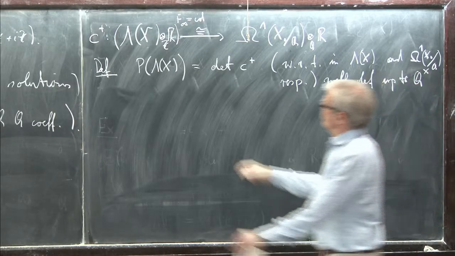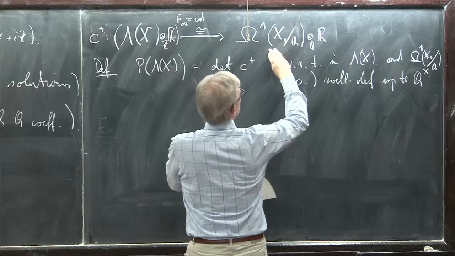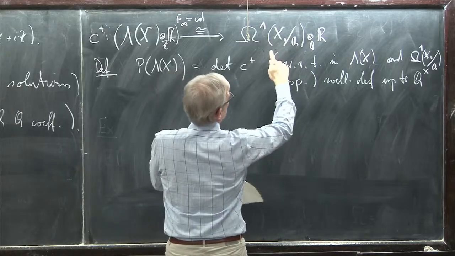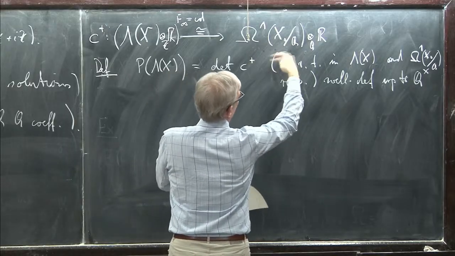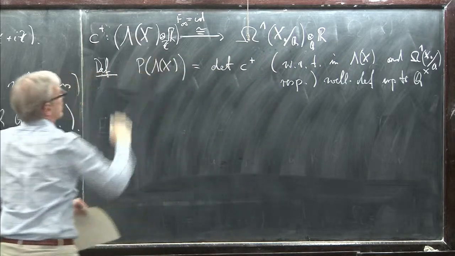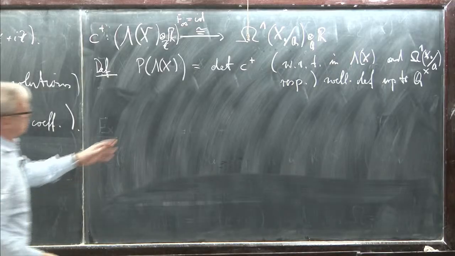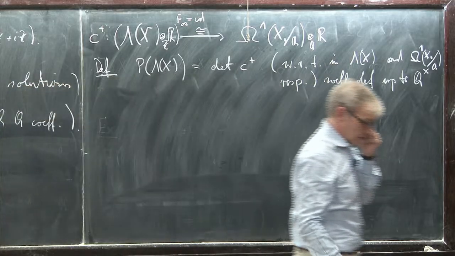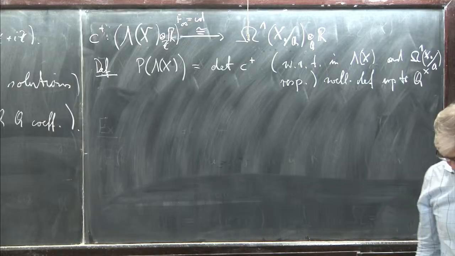Because if you change the basis here and you take the determinant, then you multiply by some rational number, and the same happens here. So it's not the number which is well defined on the nose.